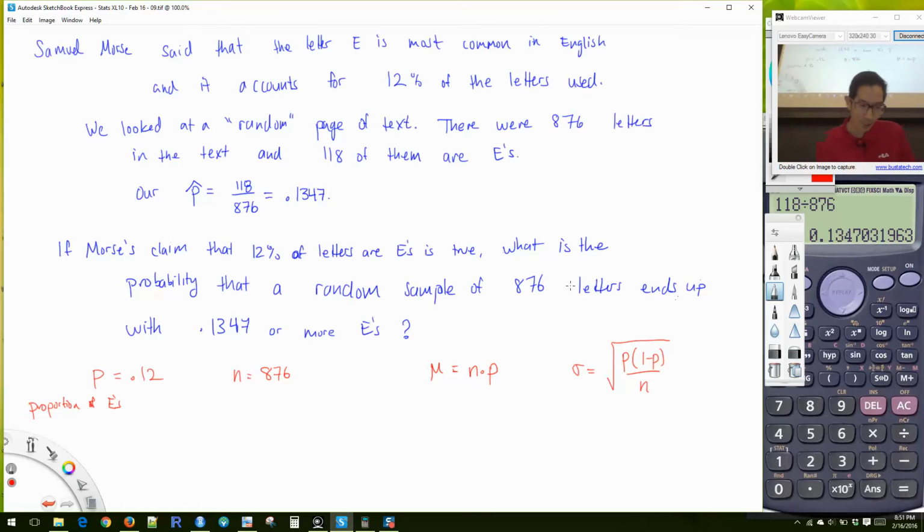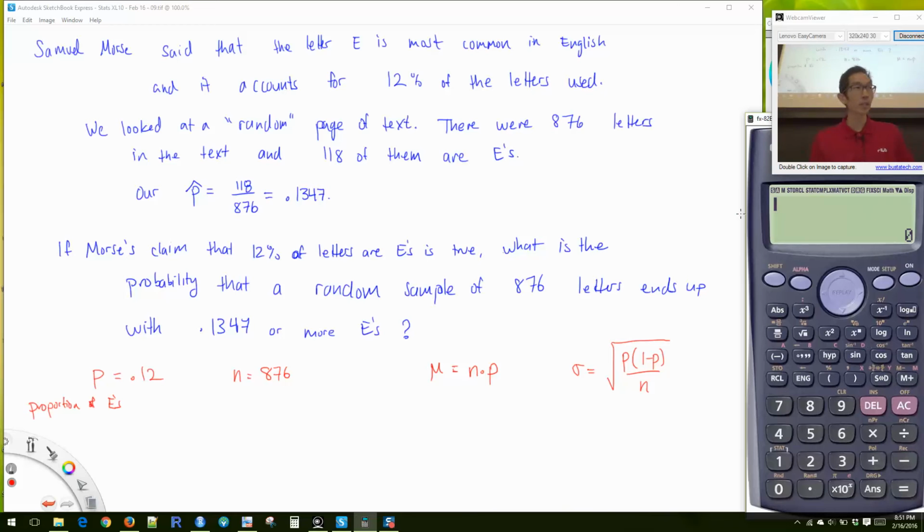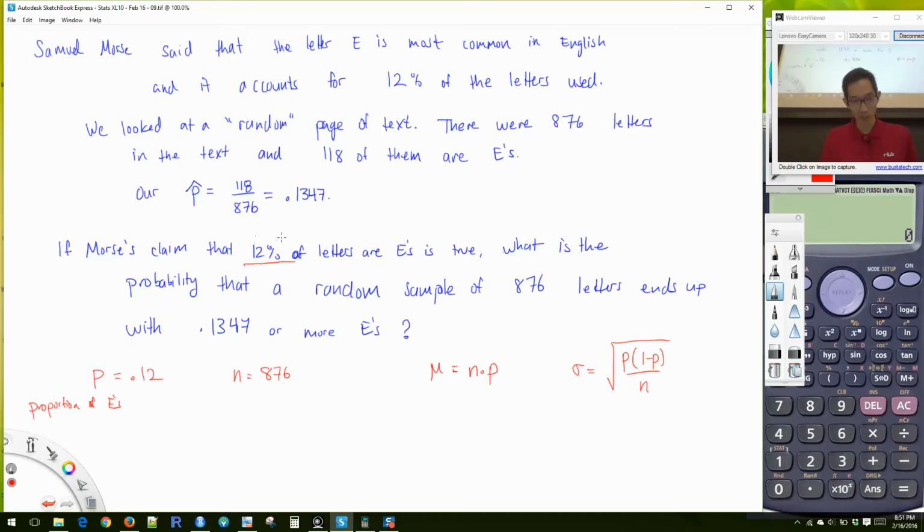I know some of you are working hard on this, and that's great. All right, let's go through. It says if Morse's claim that 12% of the letters are E's is true, that means in our population p is equal to 0.12, which we've written down already, and we've taken a random sample of 876 letters.